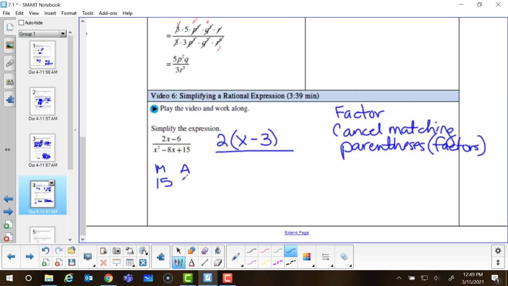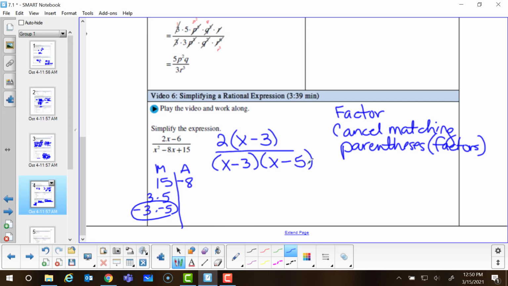I want to add to get the negative 8. So I think about numbers that multiply to get me 15. 3 times 5 is the first one I think of. Well, 3 plus 5 is a positive 8. But if I took negative 3 times negative 5, that would multiply to get me a positive 15, but it would add to get me negative 8. So that's what I'm going to use. So I'm going to have an x minus 3 and an x minus 5.